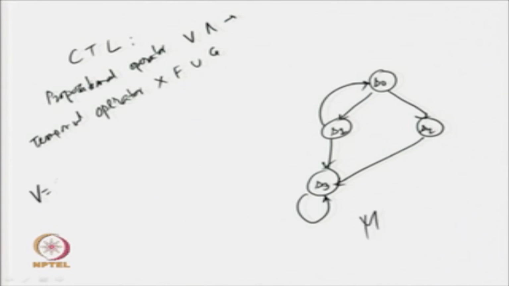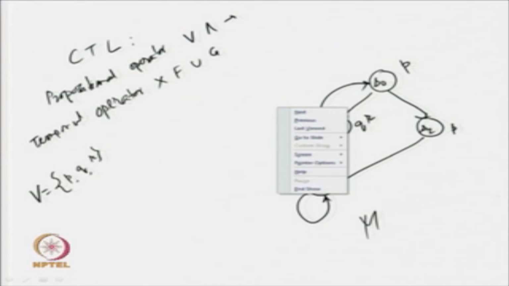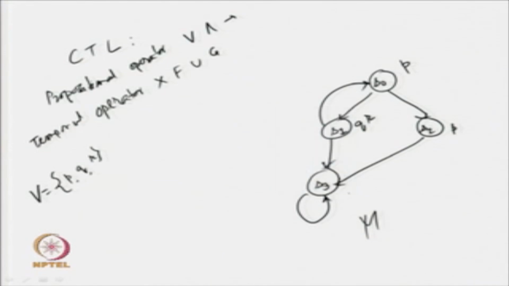Now, we are talking about a set of atomic propositions, say P, Q, R. Now, the labeling function assigns P, Q, R, P, P, Q to the states. Now, if I give a temporal formula, P and Q implies R, in which states is this formula true?